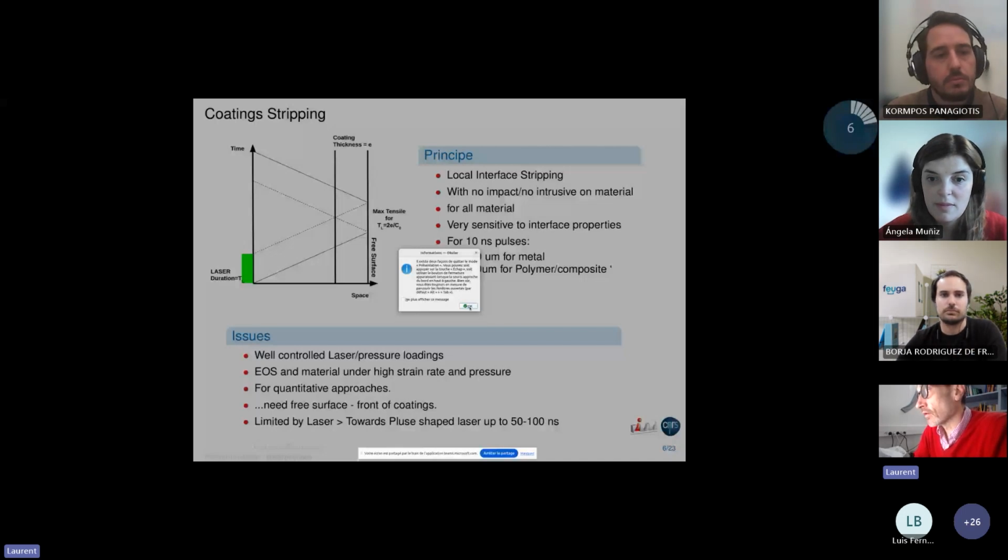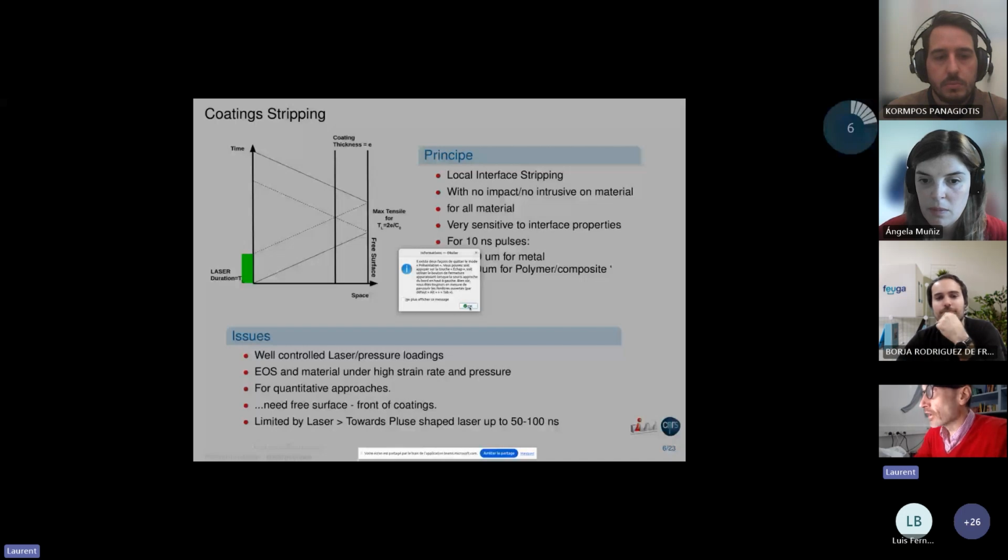This stress release meets the incident one. At this point, we have very strong tensile stresses, high enough that we can break the material. This is the spallation phenomenon, and if we are at interfaces, we can break these interfaces. This is the principle of the technique with one pulse.